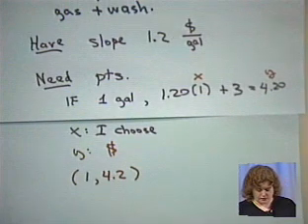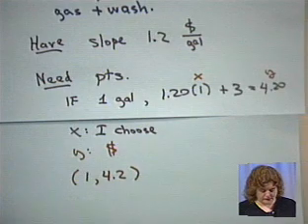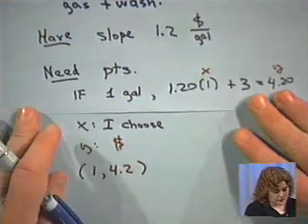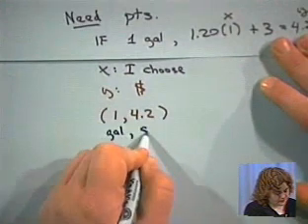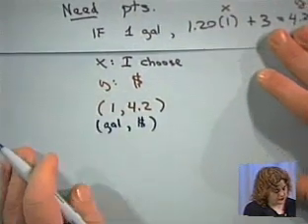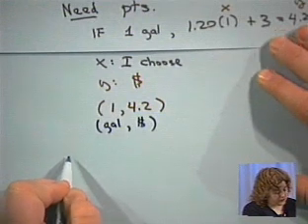Now I'm set to write an equation. My ordered pairs are gallons of gasoline and money. So I will take my slope, gallons and dollars being my ordered pairs, and I will use the point-slope form.